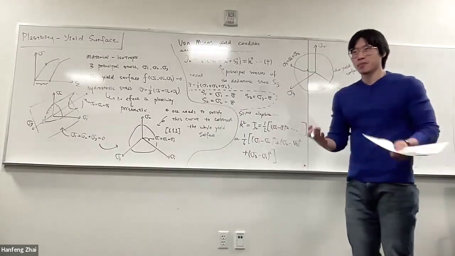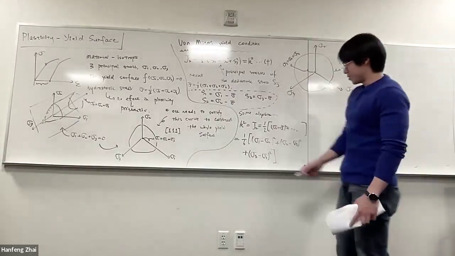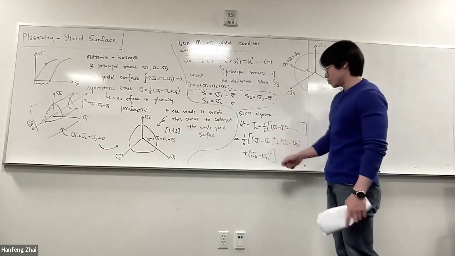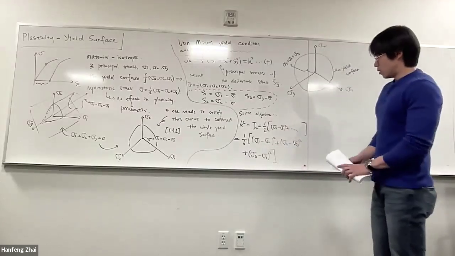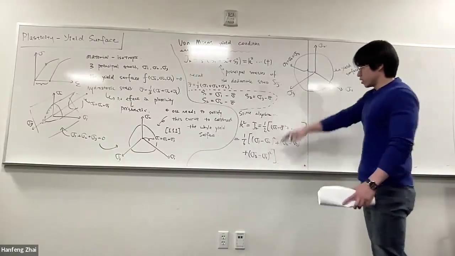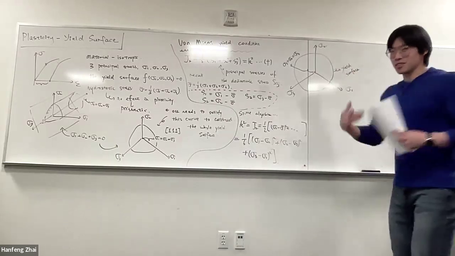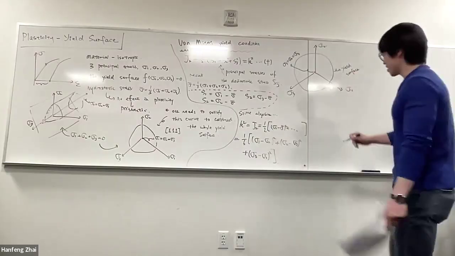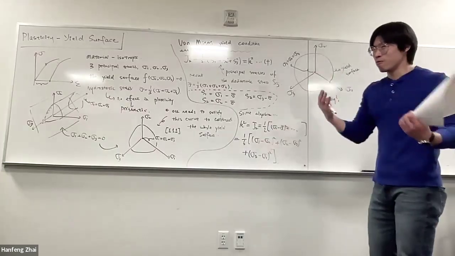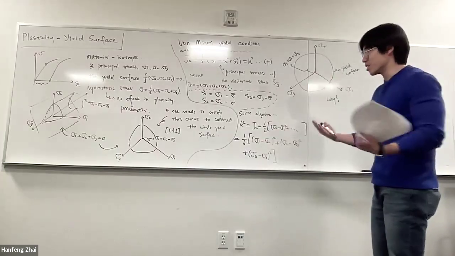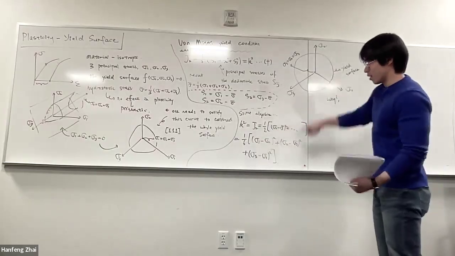I'm not sure about you guys, but if I were watching this video and looked at this, you do some algebra, you have 1/6 sigma 1 minus sigma 2 squared plus sigma 2 minus sigma 3 plus blah blah blah. How do you intuitively conclude that this looks like a circle? Actually, I just gave you this conclusion directly, and now I'm going to prove it. Unless you have genius mathematical intuition, it would be very hard, at least for me, to directly see a circle out of this algebra.